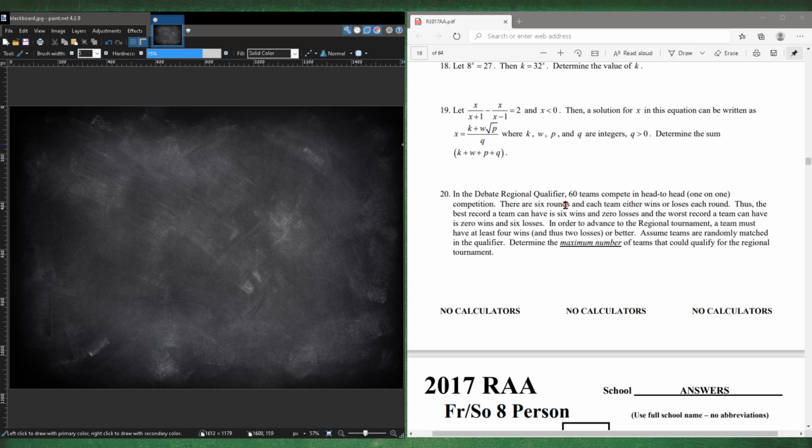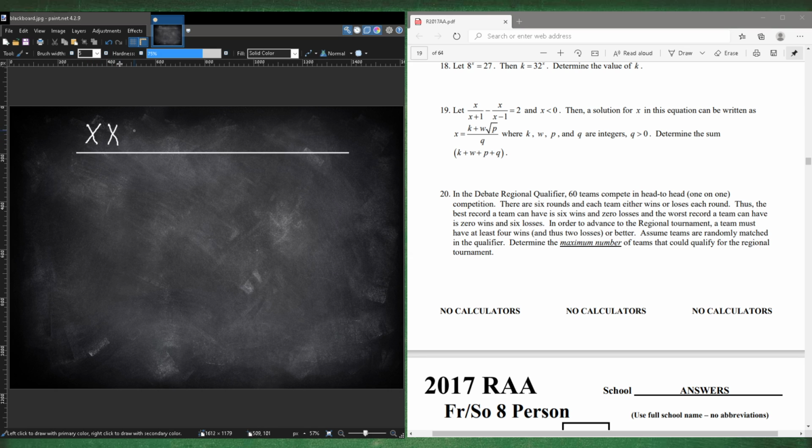So there's 60 teams. Fighting against each of the 60 teams, choosing 6 opponents, seems like a lot of work. So let's minimize it down: instead of 60, let's choose 10. That seems more manageable. I'm just going to make a line and use X's to mark each of our 10 teams.